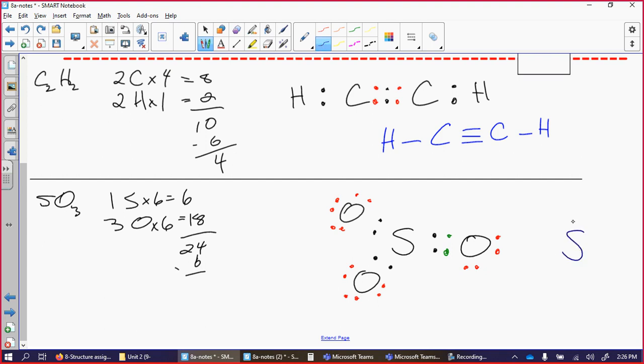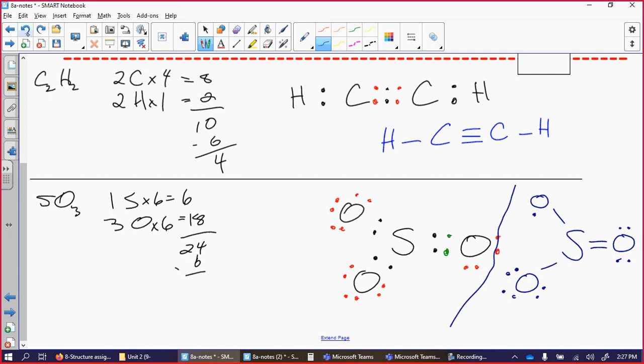So I have sulfur, oxygen, oxygen. This one has a double bond. That has 2 electrons. It looks kind of funny. Whoops, that was a bad line in there.